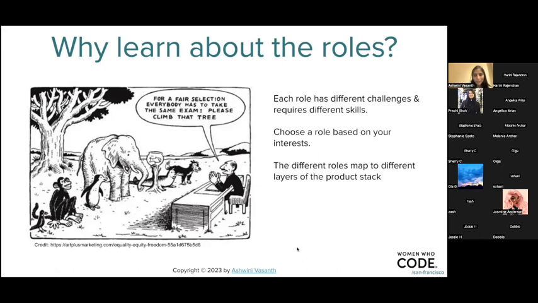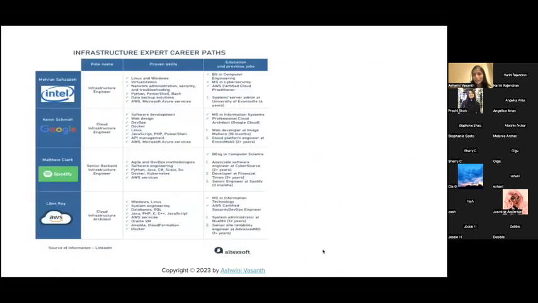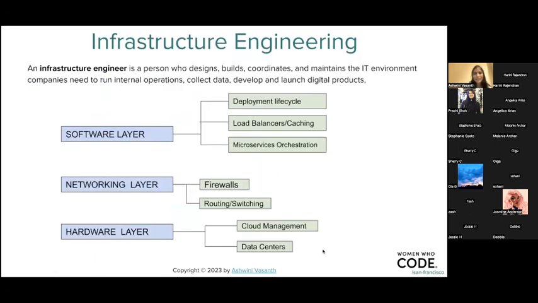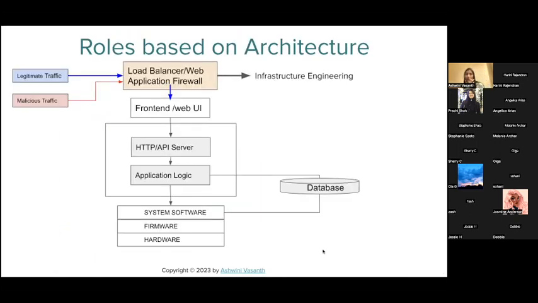So I want to talk through the different roles from the perspective of the product architecture. A typical product is basically laid out in a certain fashion. Of course, depending on the actual application that you're building, there will be a lot of differences and variations.